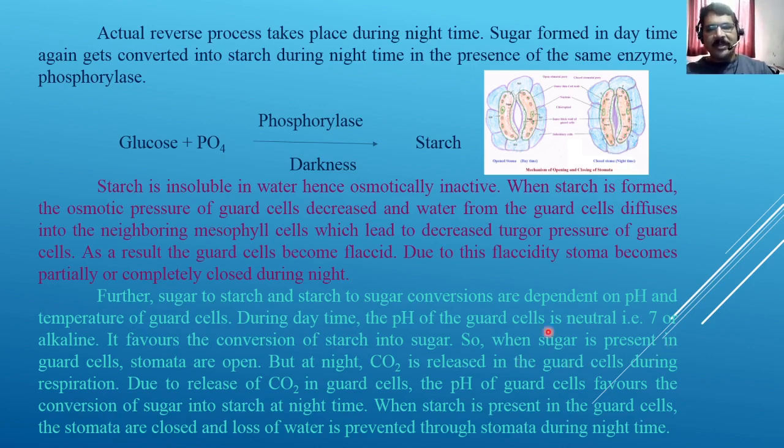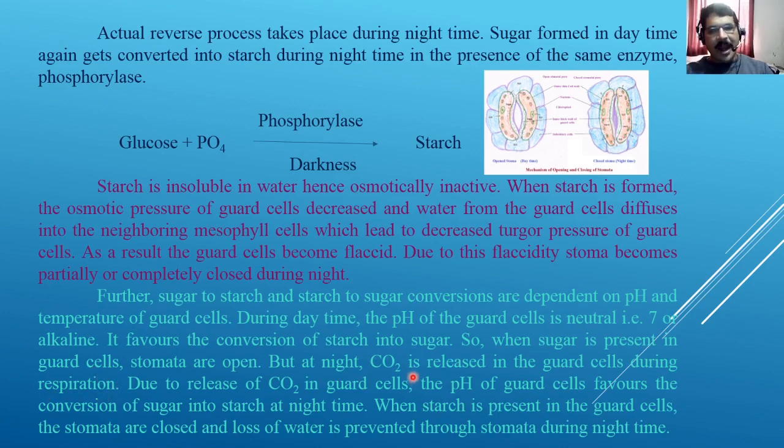So when sugar is present in guard cells, stomata are open, but at night what happens, CO2 is released into the guard cells during respiration. So we know respiration, in this process the cells take O2, that is oxygen, and release CO2.